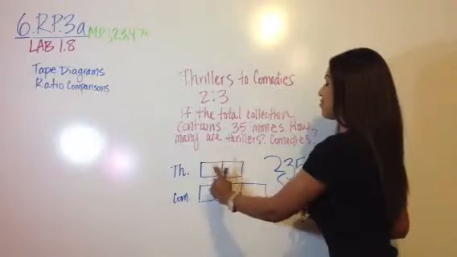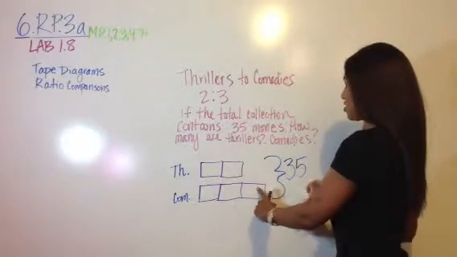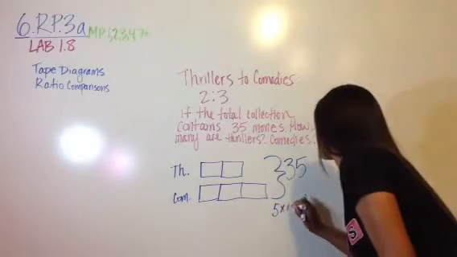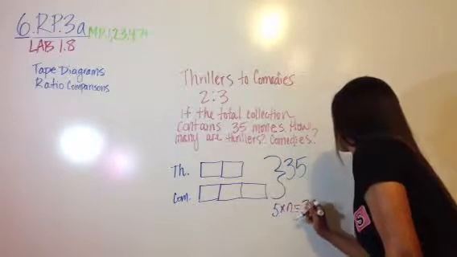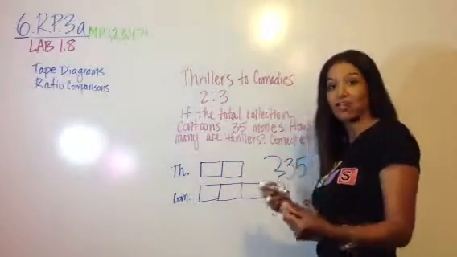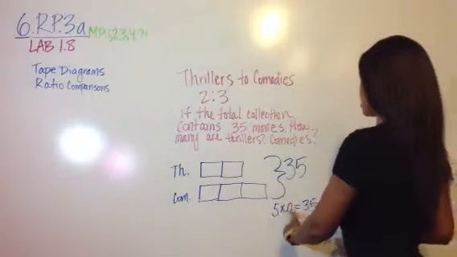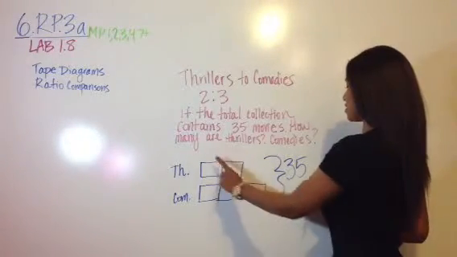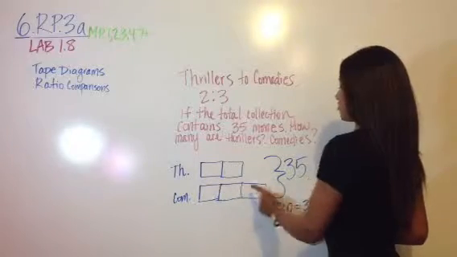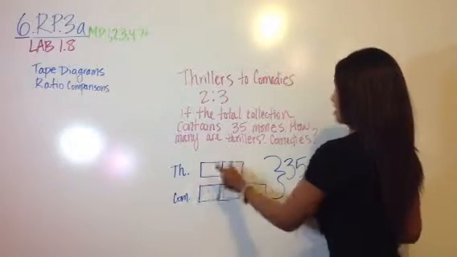Well, each of these is a unit, so we have 1, 2, 3, 4, 5. So 5 times what number is 35? And we didn't get to our expressions and equations unit yet to solve equations, but you can see that this n, which represents each of these, so we have 1, 2, 3, 4, 5, times some n equals 35.